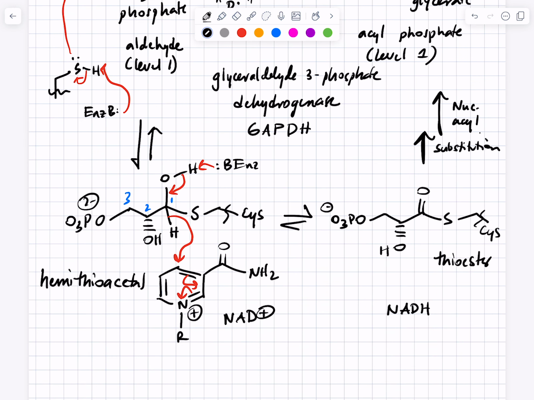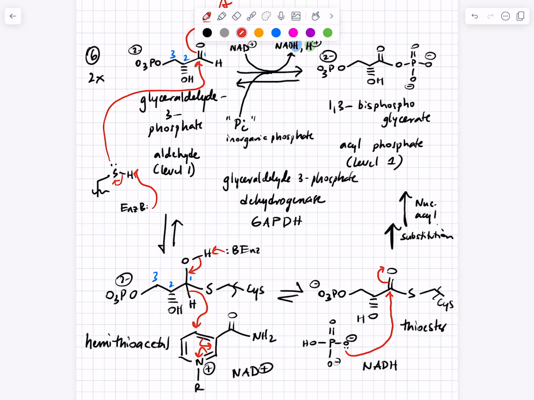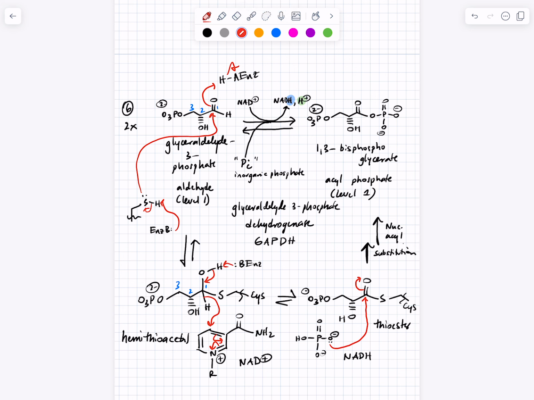This is when our molecule of inorganic phosphate, I'll just draw phosphoric acid as it would appear at pH 7, will attack the carbonyl carbon to generate a tetrahedral intermediate, and then I presume you can draw that tetrahedral intermediate and show the thiol getting kicked off, and that would give you the acyl phosphate. Okay, so that's step 6, one of the more complicated steps in glycolysis.